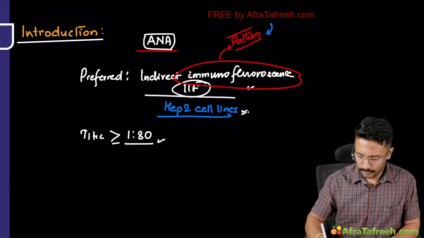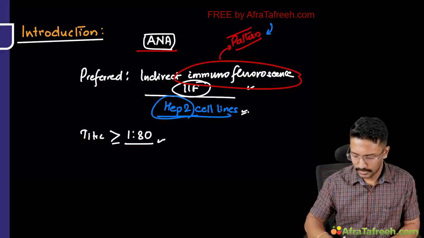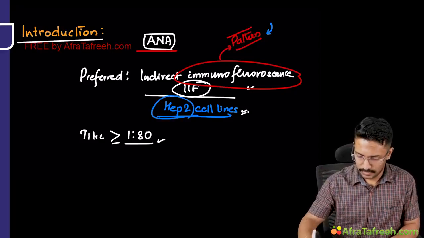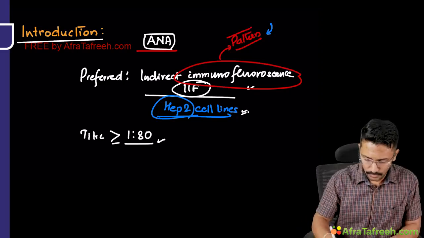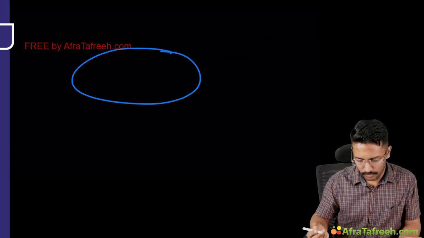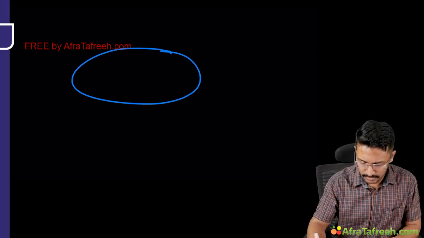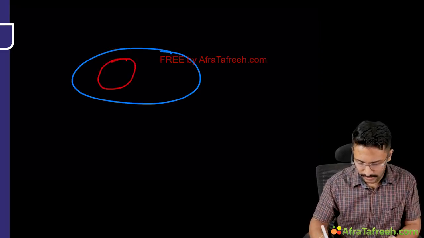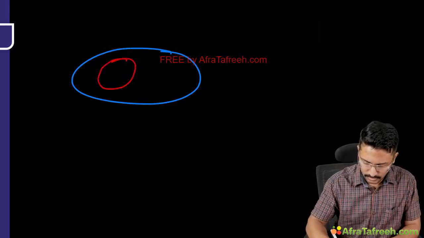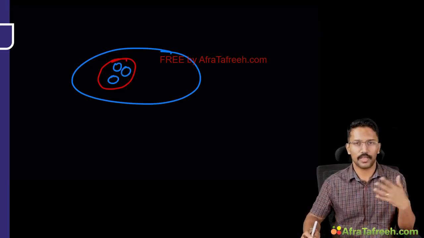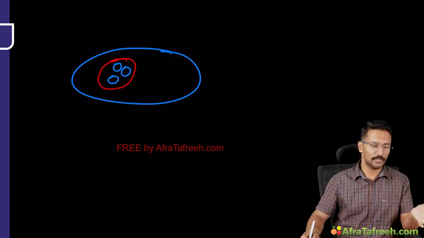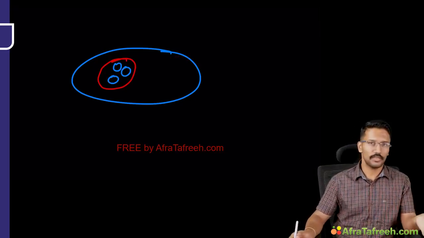So we are using the HEp-2 cell lines, right? So let us understand the cell first. If this is a normal cell or HEp-2 cell, whatever it is, it has a nucleus and a cytoplasm, and inside the nucleus there will be nucleoli. The number of nucleoli in HEp-2 cell line varies depending on what stage the cell is in, so it can be 2 or more than 2.